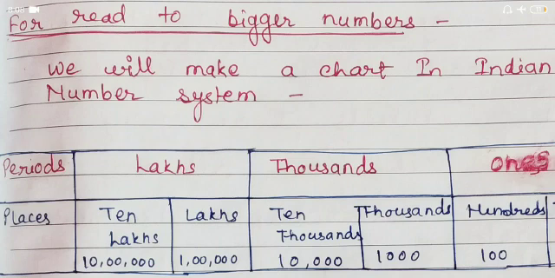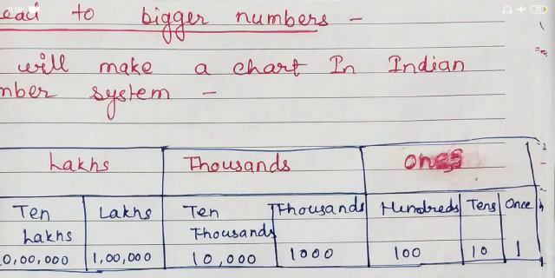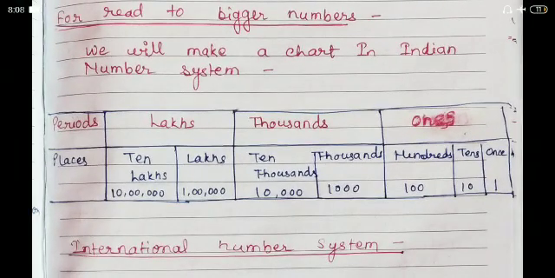First period is called ones, and it consists of three places: ones, tens, hundreds. The second period is thousands, which consists of two places, thousands and 10,000. The third period is lakhs, which consists of two places, lakhs and 10 lakhs.